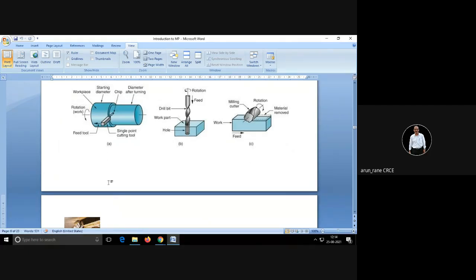But if you are using a 50 mm round bar and turning it down to 20 mm, that means there is a great waste.